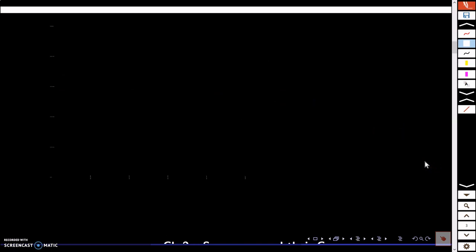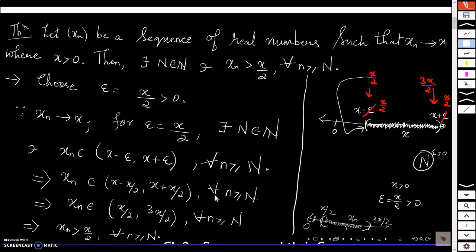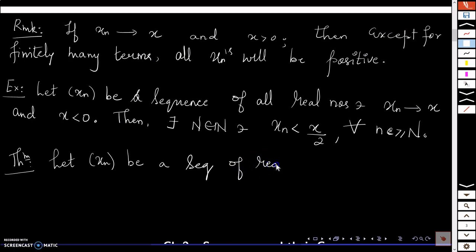Moving on to the next one. Before moving on, you can also talk about the first property which I gave in the exercise together. So I'll just state that and we will quickly go through it. Let xn be a sequence of real numbers such that xn converges to a point x, and that point x is a non-zero number.